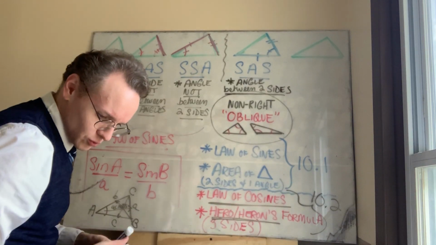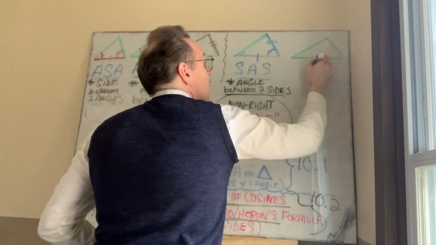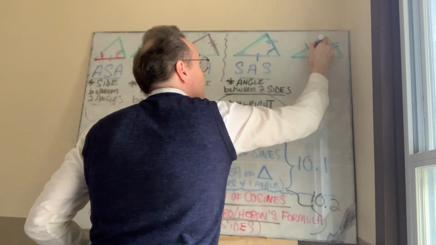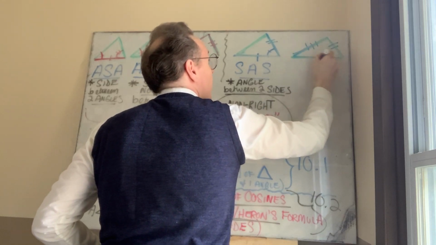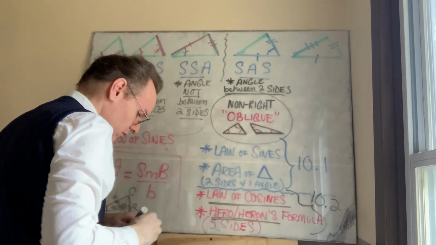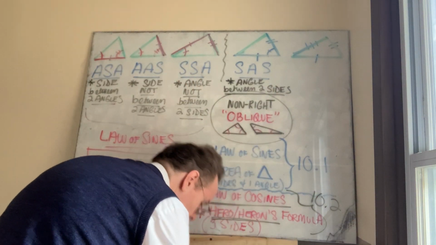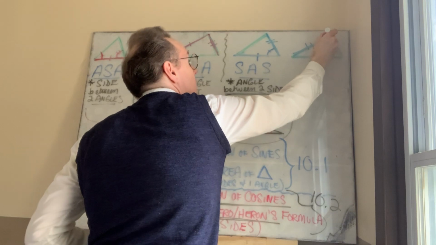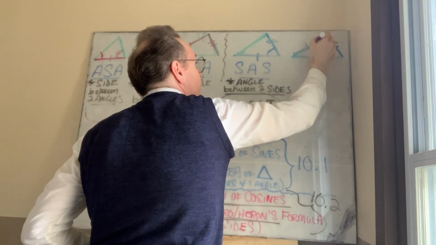And then this last situation is three distinct side measurements, no angle. Faded out really bad. Okay, that's better. There we go.